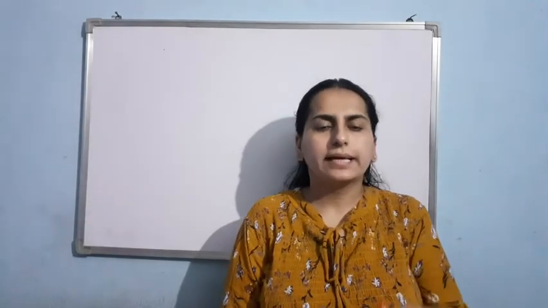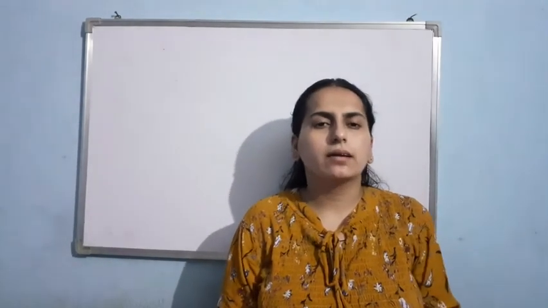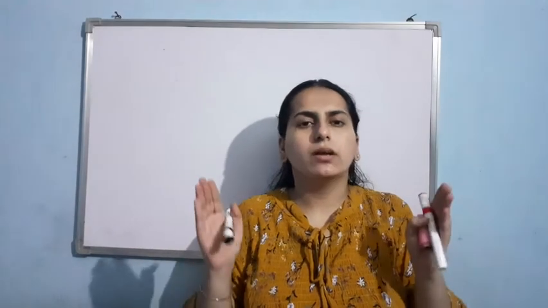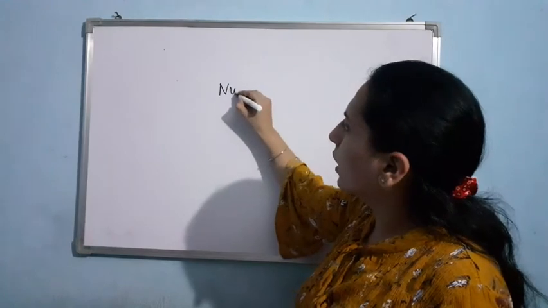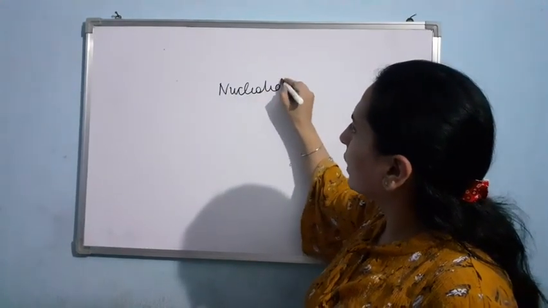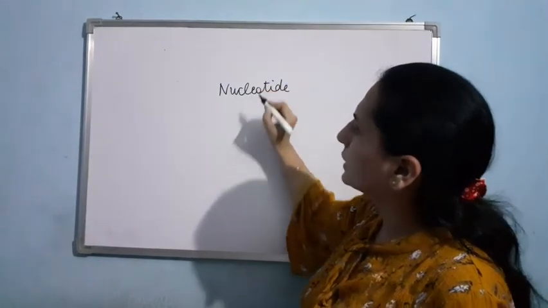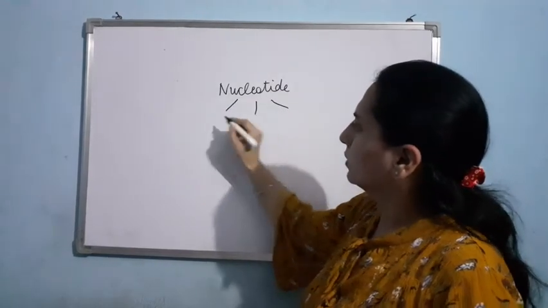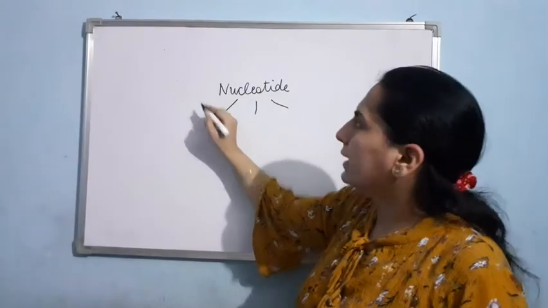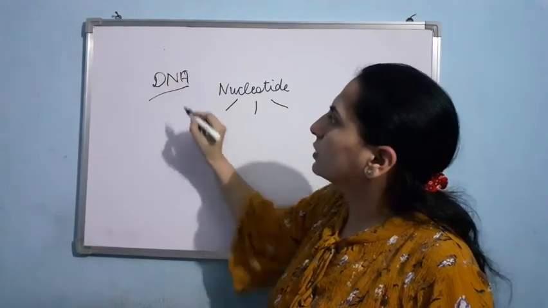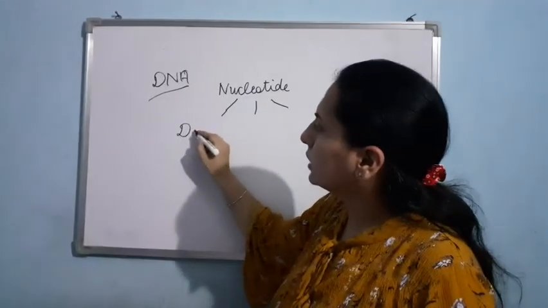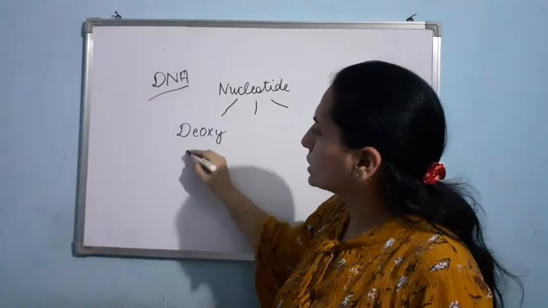As you know, yesterday we started the structure of a nucleotide, right? I told you a nucleotide is made up of three things: pentose sugar, and if I'm talking about the DNA, then this sugar is deoxyribose sugar.